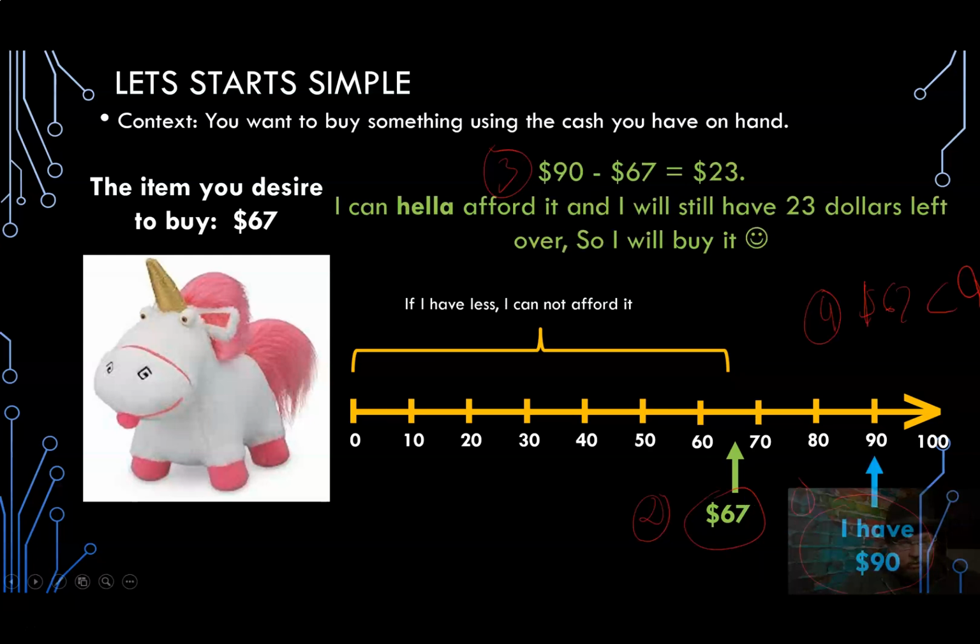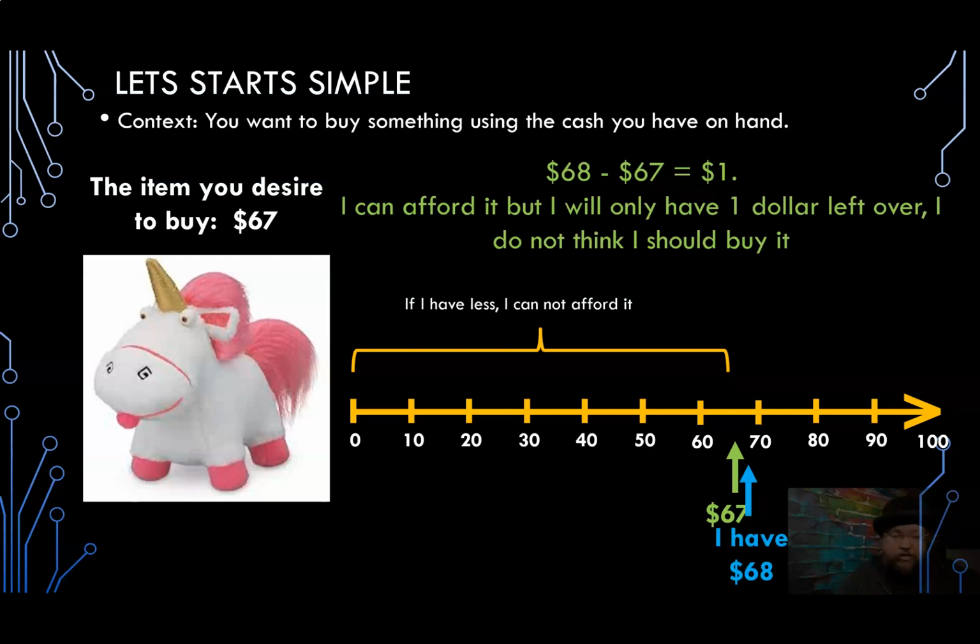With this, I can start with the argument. Premise 1 is that I have $90. Premise 2 is it costs 67. Premise 4 is that 67 is less than 90, which leaves us $23. So yes, I can buy this, and I will be left with $23 after this that I can still spend on other things. So, easier.